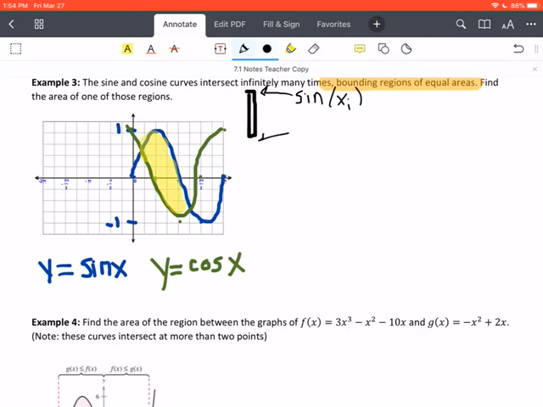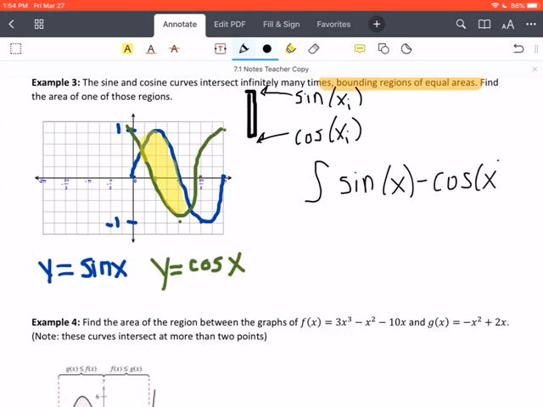And then the bottom is going to be defined by cosine of whatever we want to input in our interval if we are taking the rectangle approach. So right away, we can think about the integral from, we don't know yet. We'll talk about that here in a second. But in order to find the height of the rectangle, what would we have to do? We would have to take the sine of x and subtract the cosine of x. That's very important that the order of those two is established.